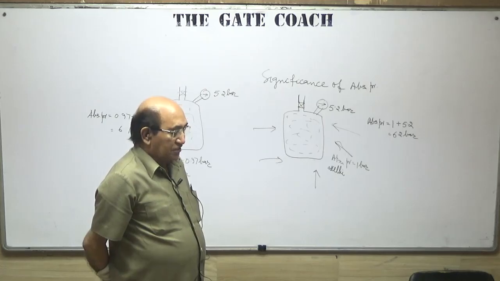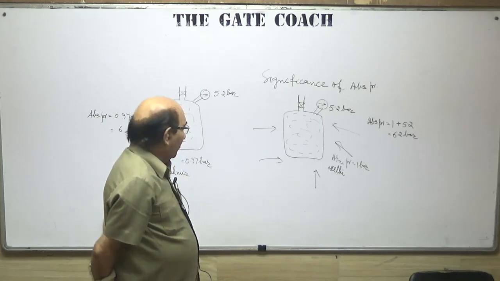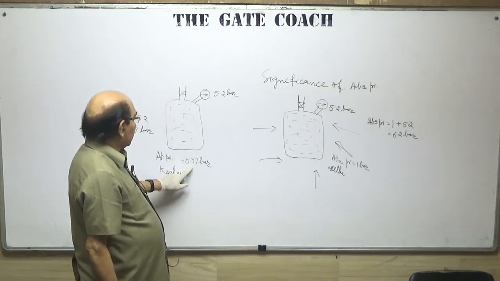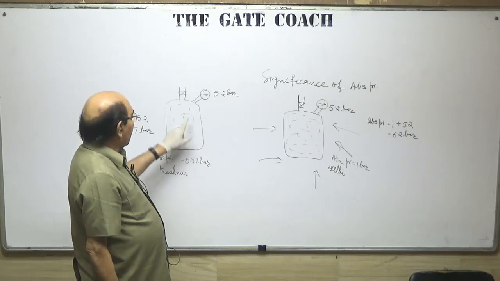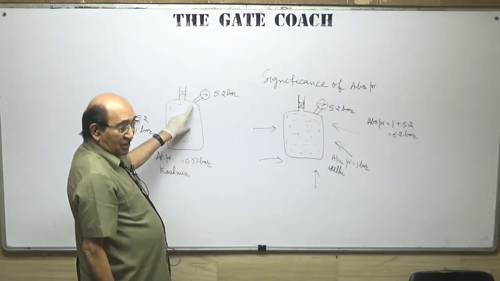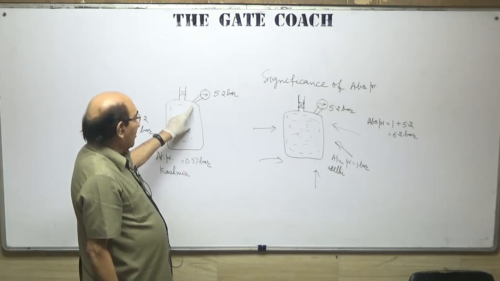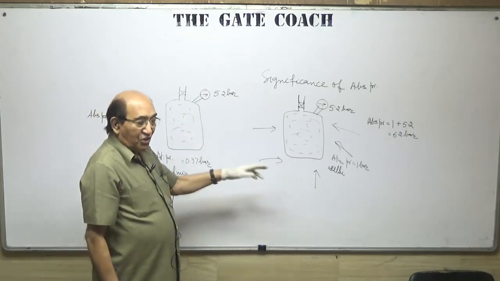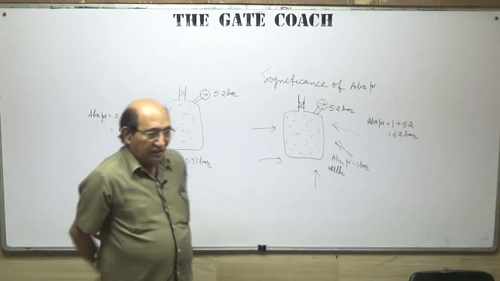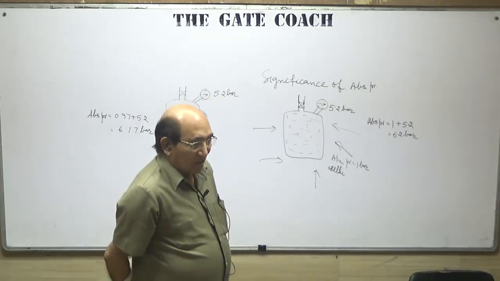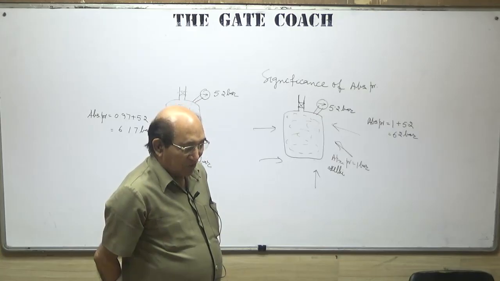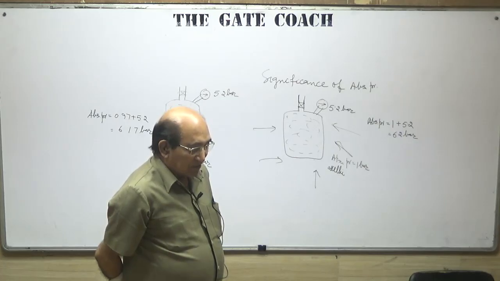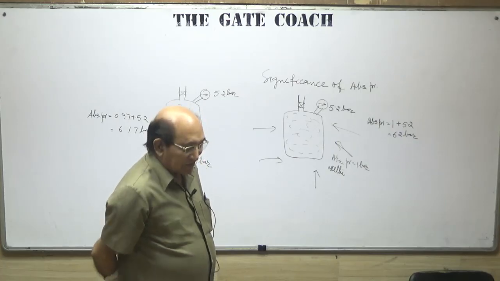Hence, atmospheric pressure plays another role over the given system. When this atmospheric pressure was less by 0.03, he should have maintained this pressure to be higher by the same amount, 5.23, so that this should also have become 6.2, so that the systems are behaving identical. Hence, in the equation PV is equal to RT, the value of P which we are going to write should be the absolute pressure and not just the gauge pressure.